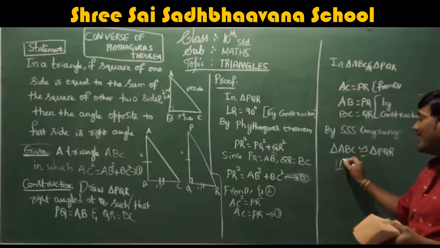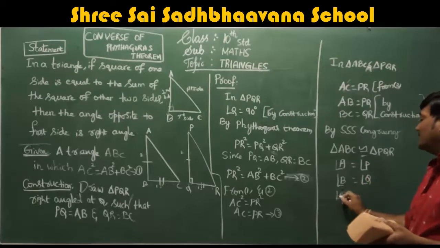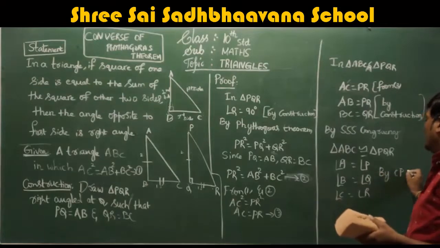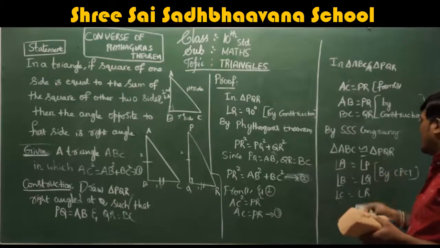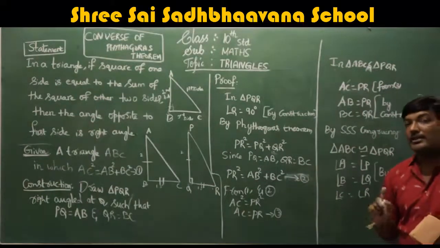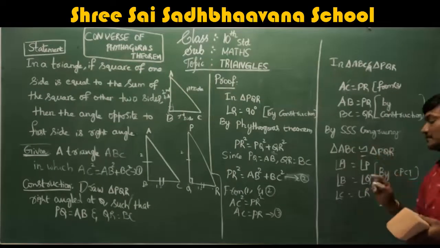So can't we say that angle A is also equal to angle P, angle B is also equal to angle Q, and angle C is equal to angle R? This you might be knowing by CPCT. What is CPCT? Corresponding parts of congruent triangles. You studied in 9th standard. By CPCT, we can say that corresponding angles are equal.